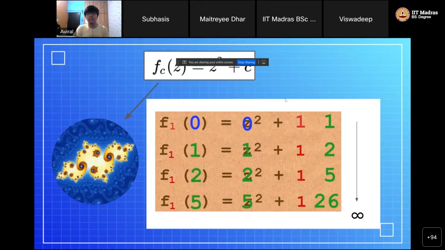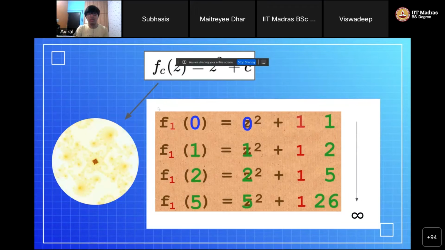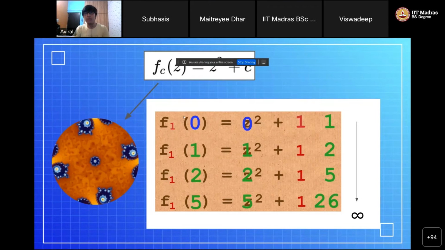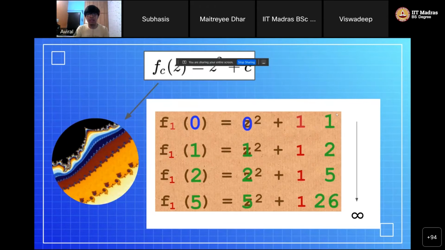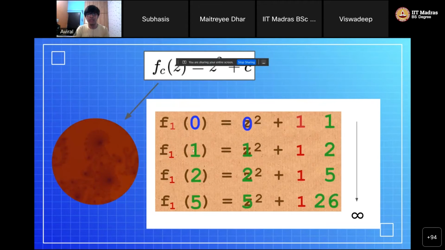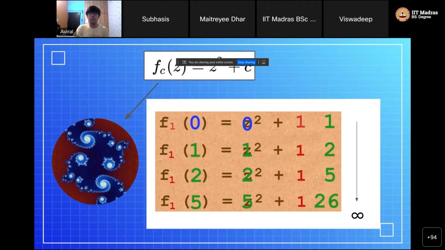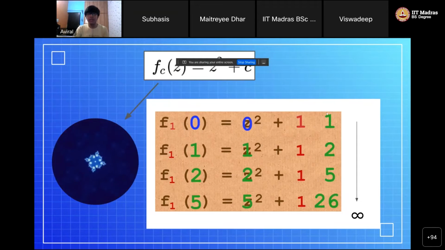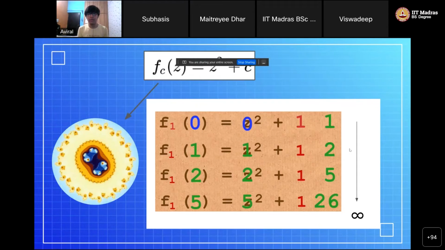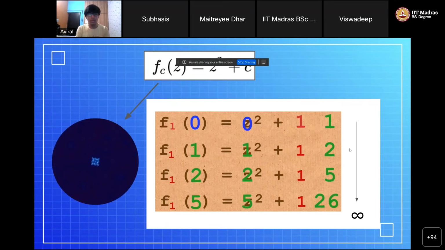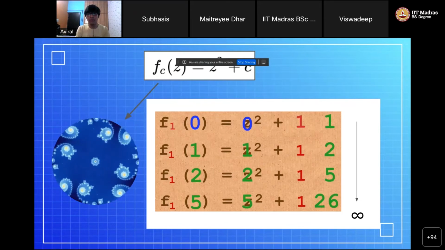If we put the value of 0 in z squared plus 1, we get 1. Then we put this 1 back in the function, we get 1 squared plus 1 is 2, and so on and so forth. You see, there is a series, it goes to infinity. So we don't get anything out of it. So what happened?